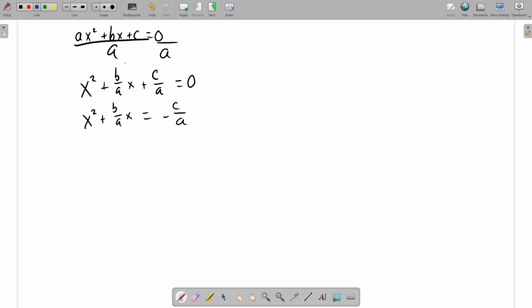Now we need to find our magic number, as we called it in the last video, where we take our coefficient in front of the x, this b over a, and we divide it by 2. Now taking b over a, which is a fraction, and dividing it by 2, that's the same thing as multiplying by 1/2.